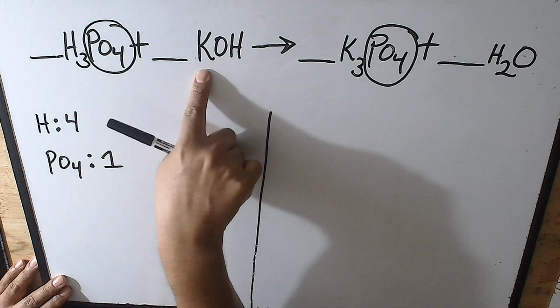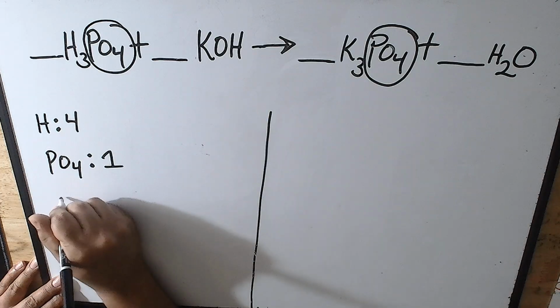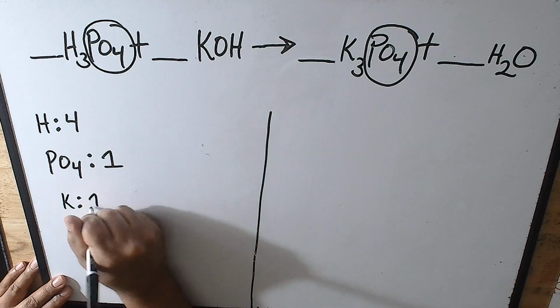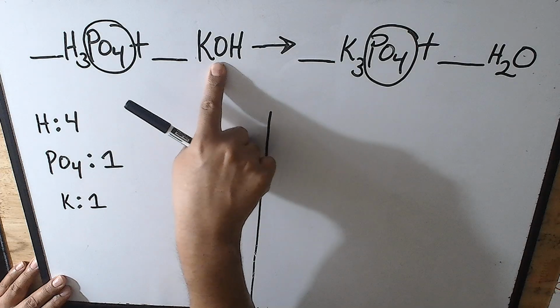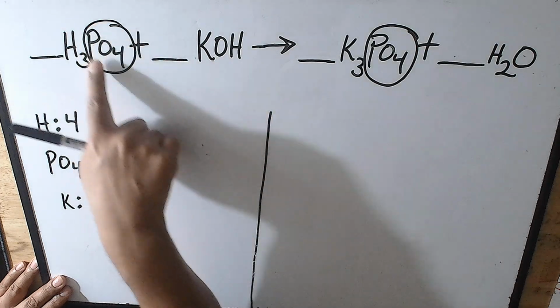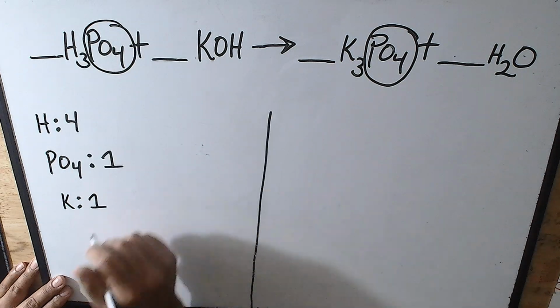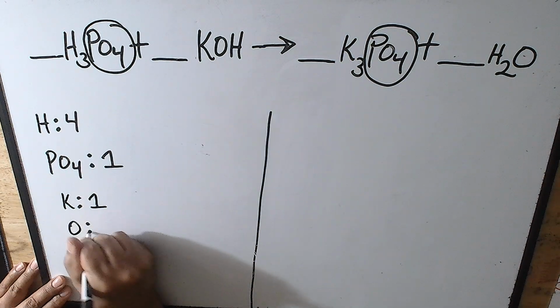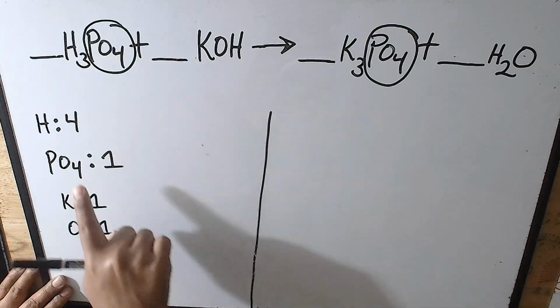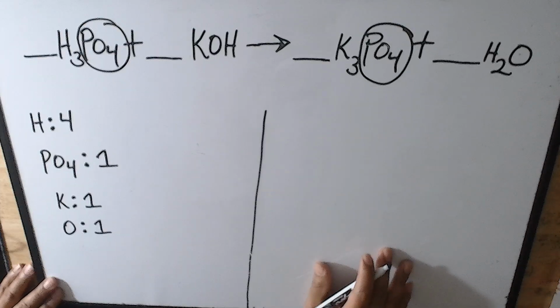And we know we also have potassium. And we only have one of them. And then we have one oxygen. Remember, this is not part of it because this is seen as one group. And then we already counted the hydrogens a few minutes ago.